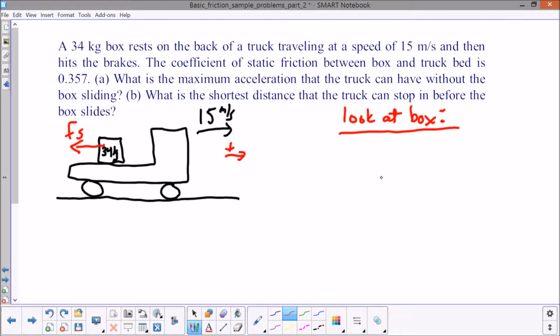So if we look at the box, there are three forces acting on it. The first is the easiest one for everyone to see. It's the force of gravity acting on the box, 34 kilograms times 9.8 meters per second squared, which is 333.2 newtons.